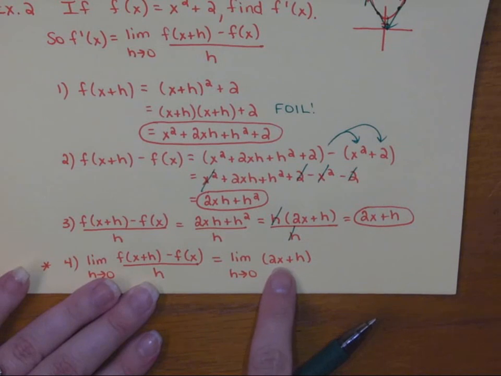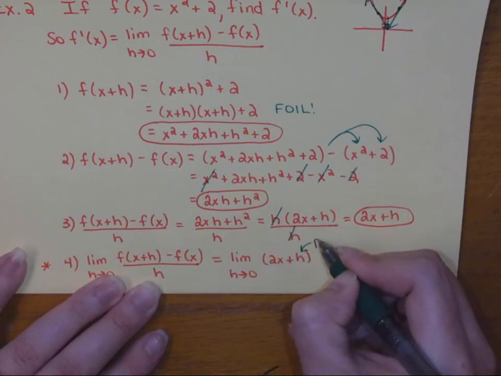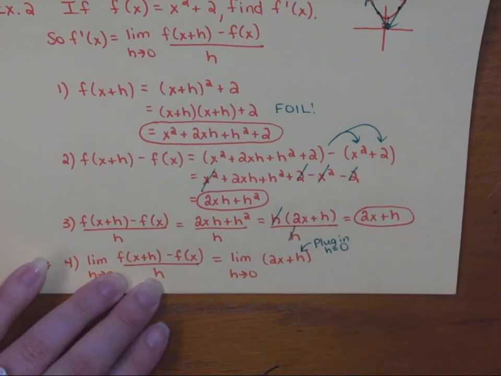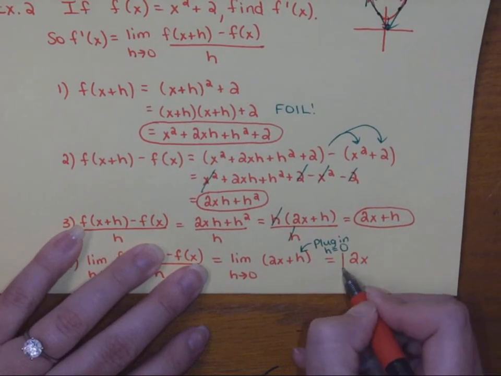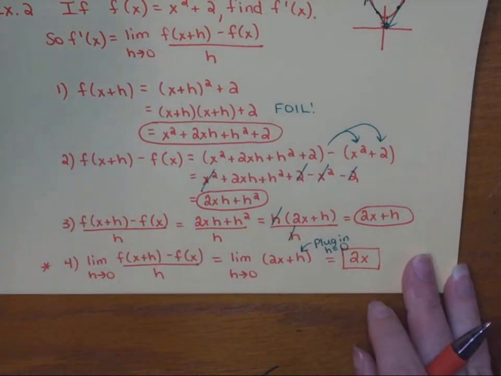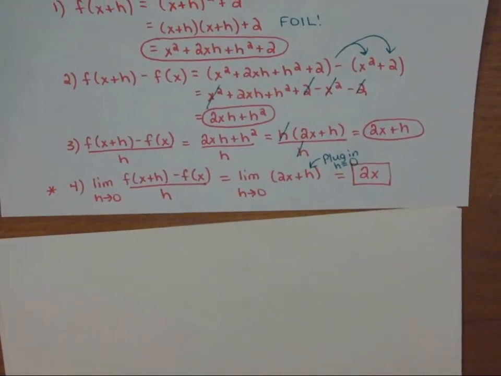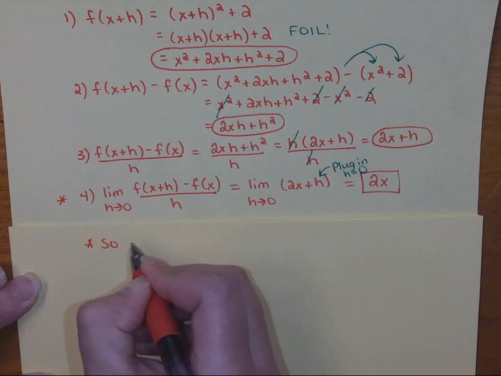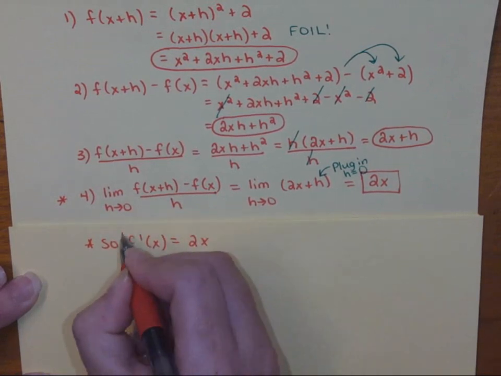Notice here we no longer have a denominator at all, let alone worry about 0 there. So here we're going to plug in h equals 0. And notice that once we do, we get an answer of 2x. So how we would write this with our notation is f prime of x equals 2x.